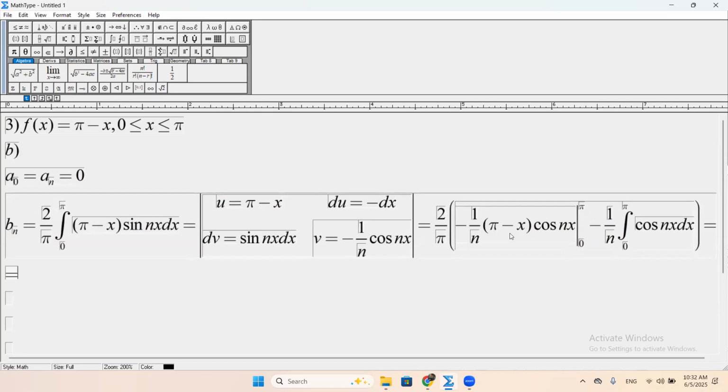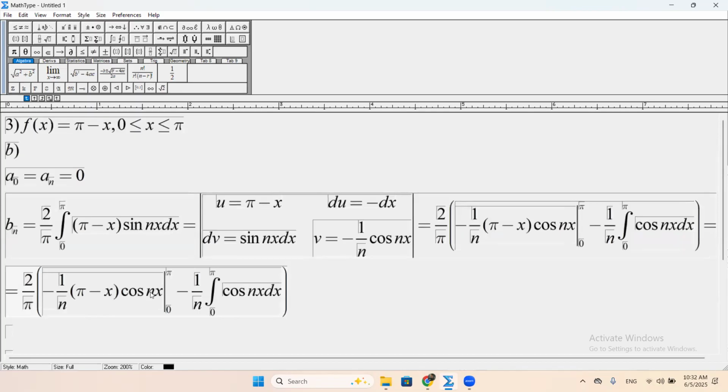So let's simplify. Okay, let's start calculating. Here, if I substitute p, I will receive 0, so p minus p will be equal to 0. And what about 0? If I substitute 0, here will be 1, here will be p, and we also subtract this part, so it will be 1 over n, so p over n.